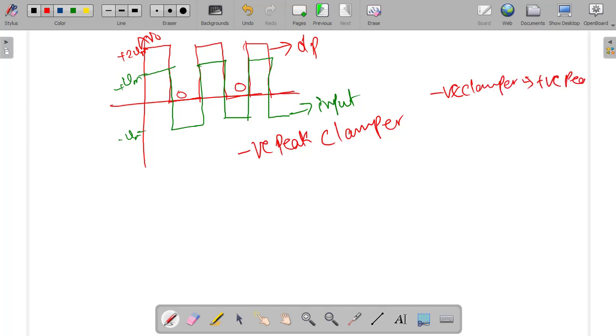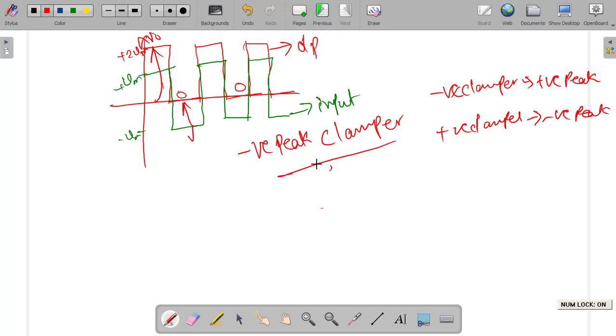Here the positive clamper is also called negative peak clamper, because the negative peak is brought down to 0. This positive is added a DC of plus 2, and this is called negative peak clamper or positive clamper.